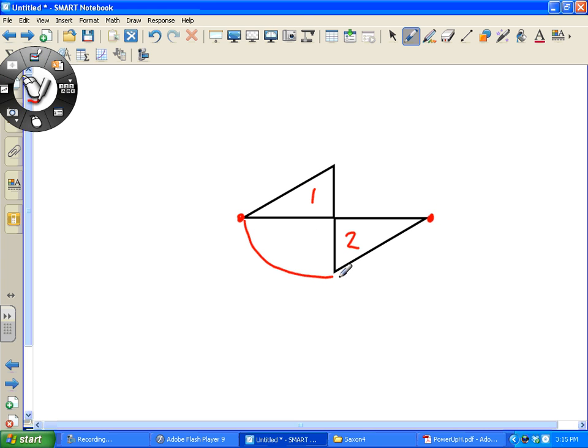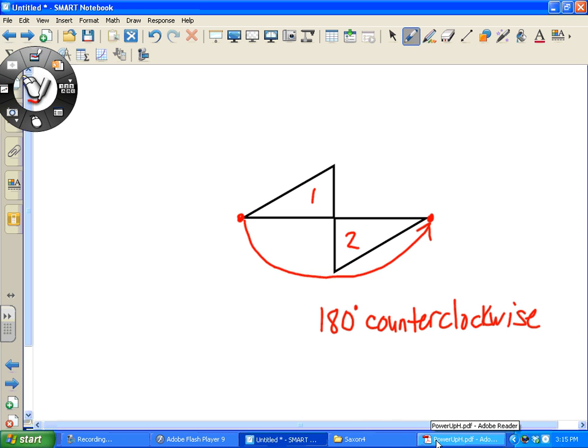Look how far away around that is. That's halfway around. So that's 180 degrees. Now what if my clock hands went in this direction? Is that the same direction as a clock? No, it's not. So that would be counterclockwise. And if we did that, we would have a perfect match.